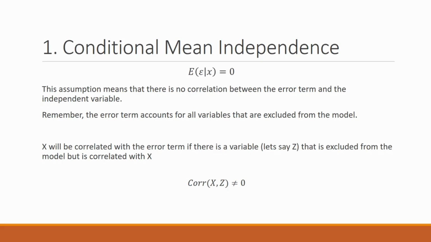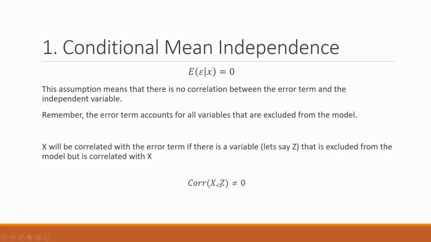So if there is some variable z that is excluded from the model but is correlated with x, then x will be correlated with the error term, because the error term is accounting for this other variable that's missing, and x is correlated with that other variable.